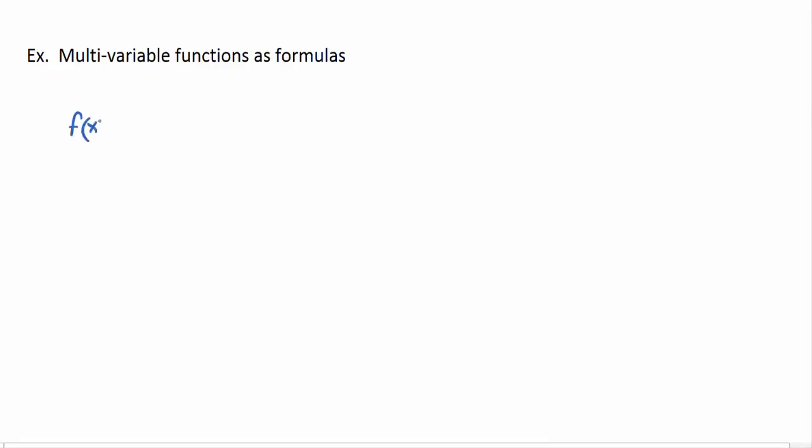Let's start with f of xy equals x squared plus y squared. That would be a real valued function. Remember how in R1, if y equals x squared, you can always replace y with f of x or vice versa?